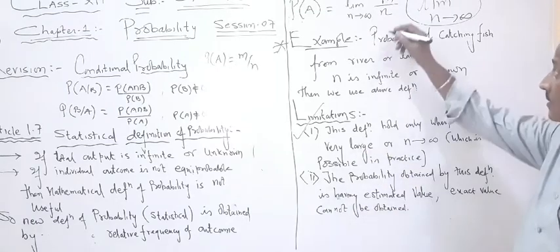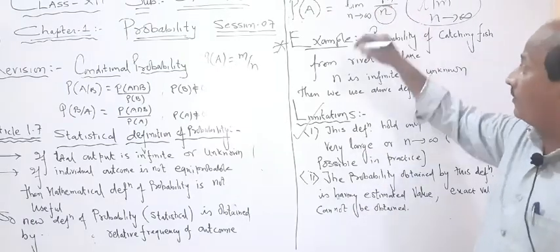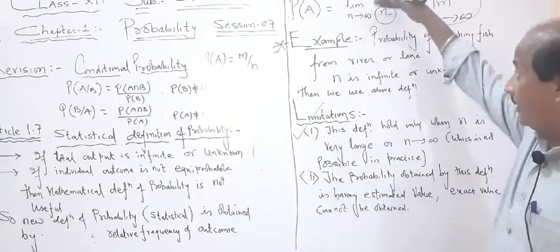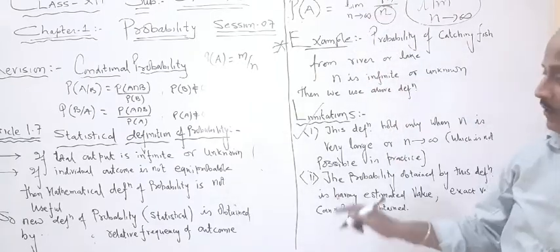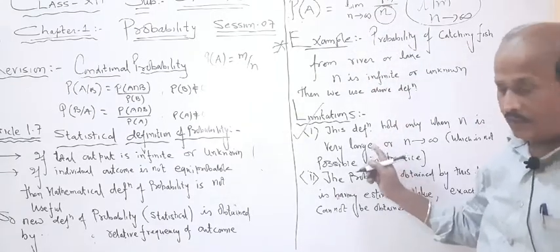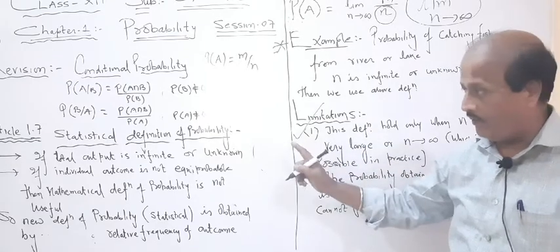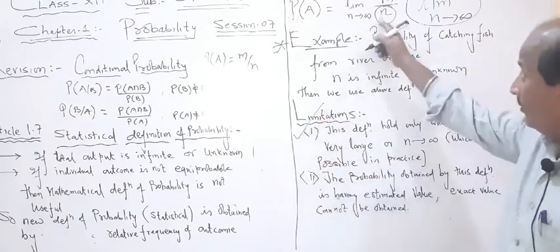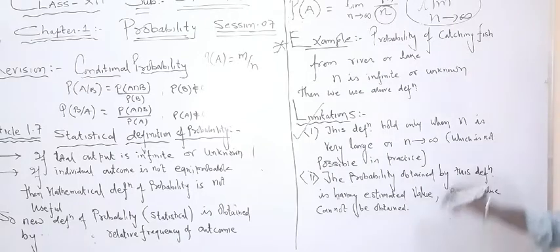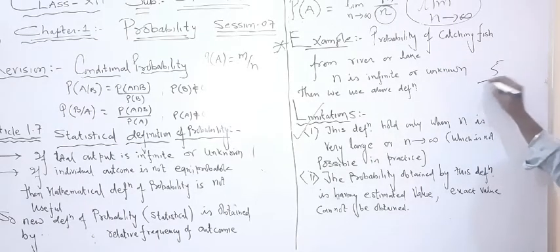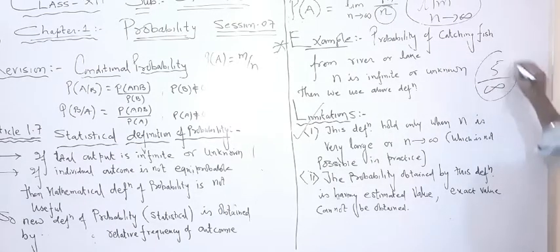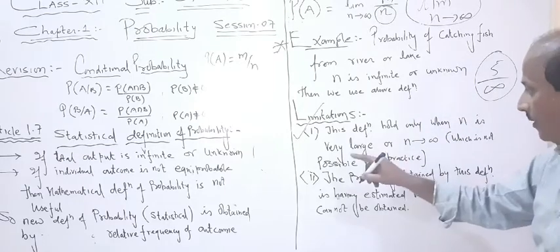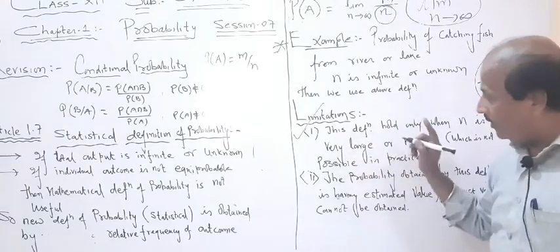But in maths, if you write n is equal to infinity, then that term cannot be defined. So even though we say that n is infinity and that is required, you cannot directly put n equal to infinity. If you divide any number by infinity, it becomes 0. So again, this is a limitation.